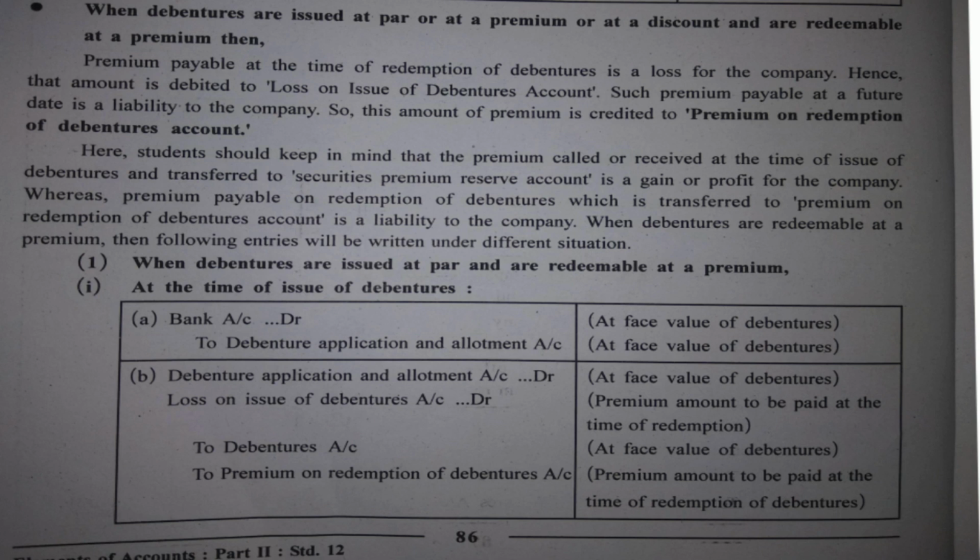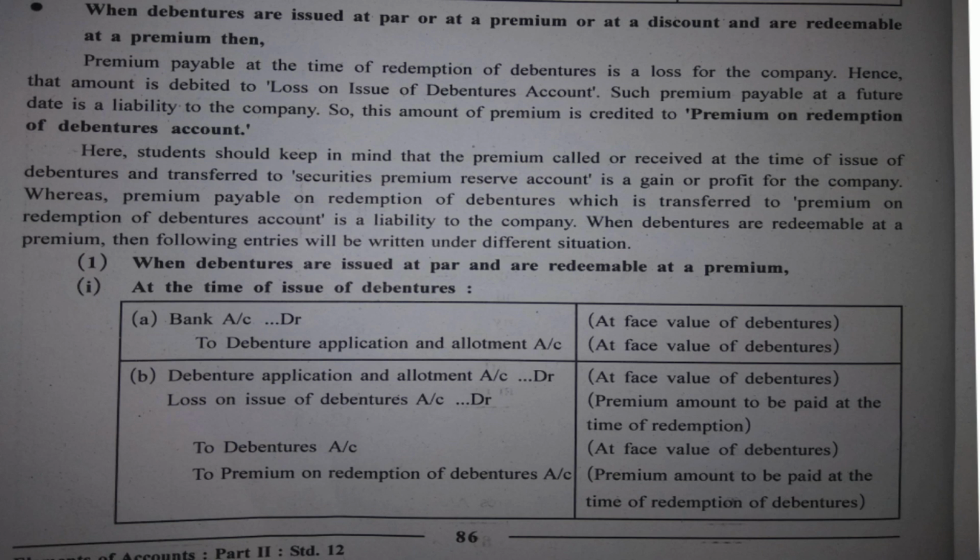The very first situation, which is given here on page number 86, says when debentures are issued at par and are redeemable at premium. What does this simply mean? That the debentures have been issued at face value, at par, by the company and are redeemable at premium.